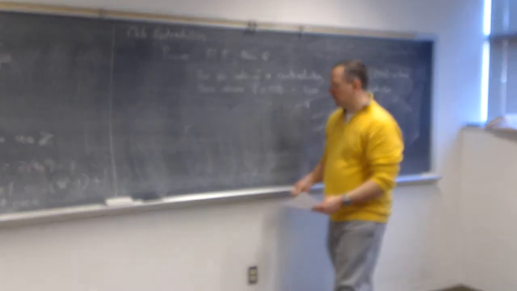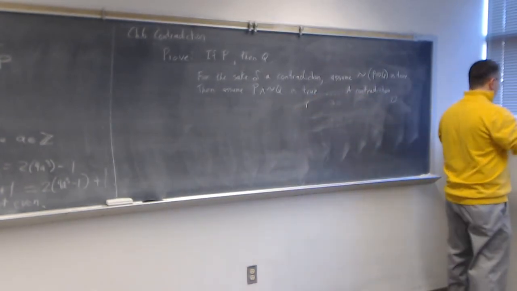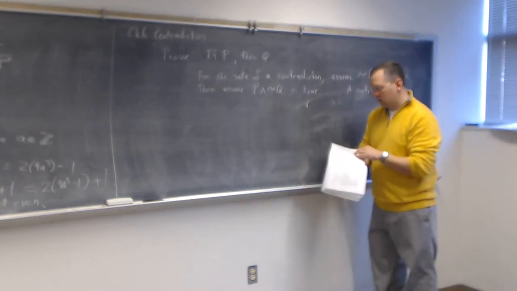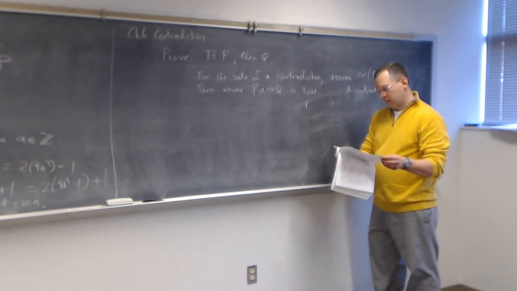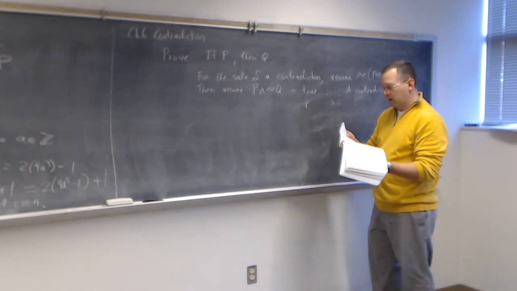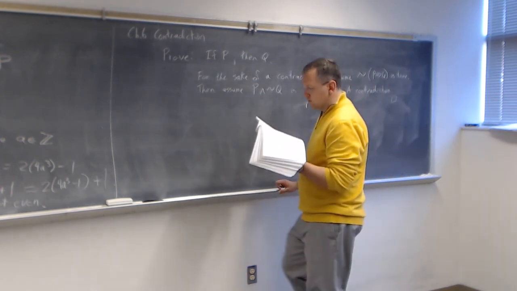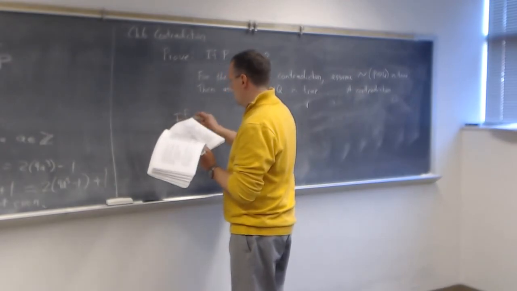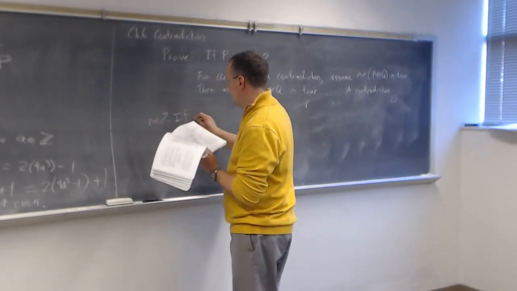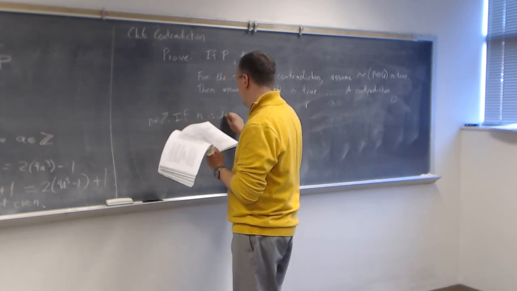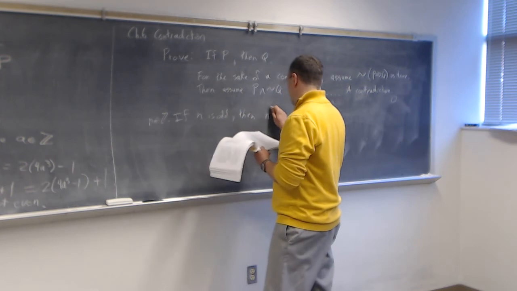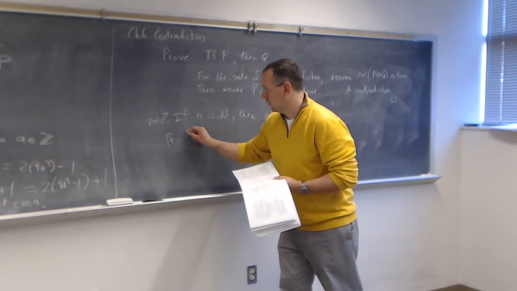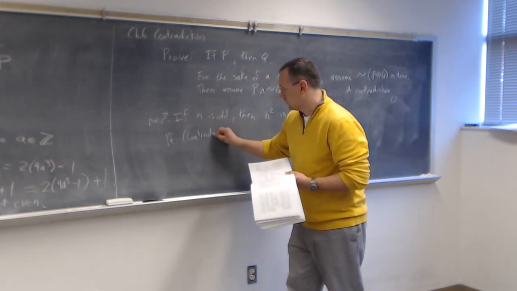Let me look at some statements. Once you get your original assumption down, a lot of the proofs in some sense write themselves. Like: n is an integer. If n is odd, then n squared is odd. Proof by contradiction.